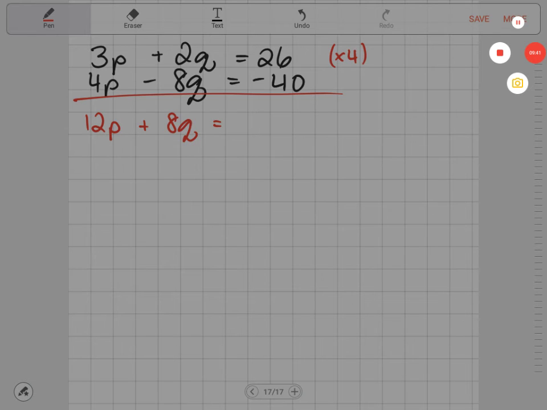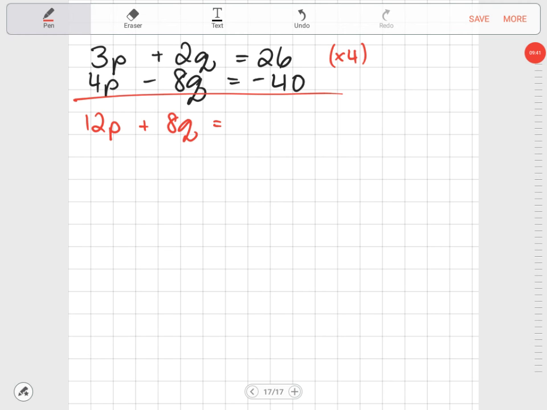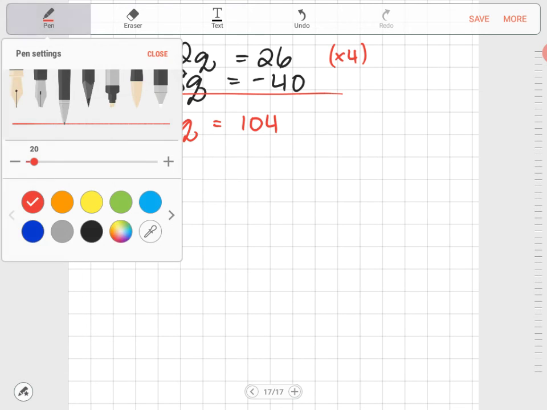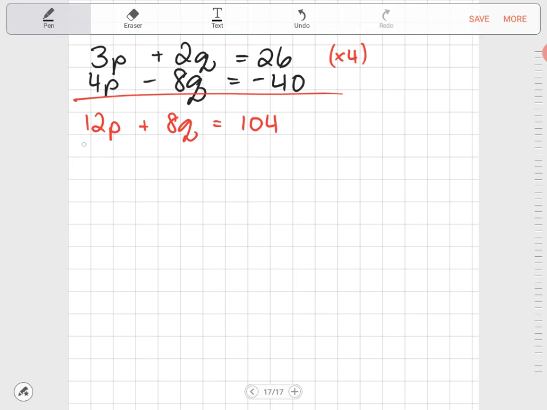So 104. And then we'll just write that second one as we normally would. So 4p minus 8q is equal to negative 40. Okay, and again, if you can't multiply easily by 4, there are some quick ways. So 26 is just 20 plus 6, and we can multiply each of them by 4.